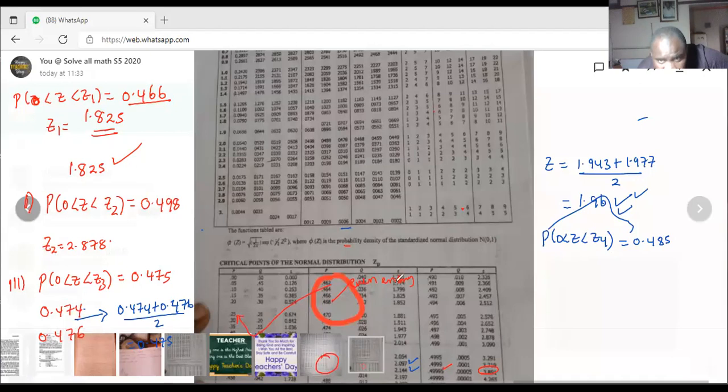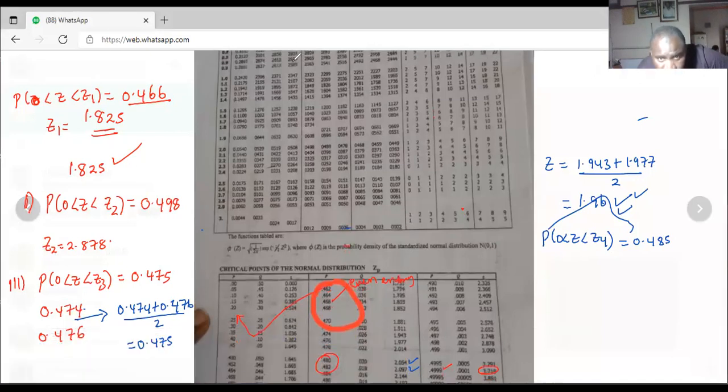Where is 0.485 here? It should be between these two. So 0.485 is equal to 0.484 plus 0.486 divided by 2.